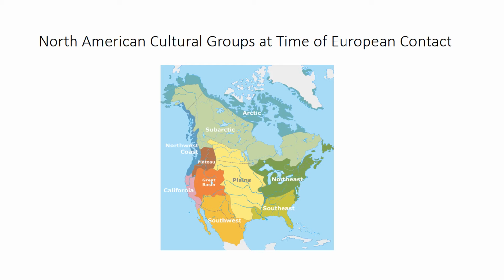So what we're going to do now is take a little bit of a tour through some of those cultural regions, not all of them, but just some, so you'll get an idea of what we're talking about and get an idea of the people that we're going to be dealing with in the early weeks of these lectures.